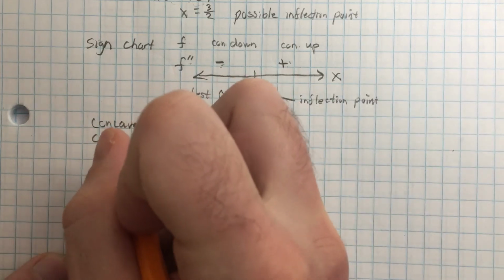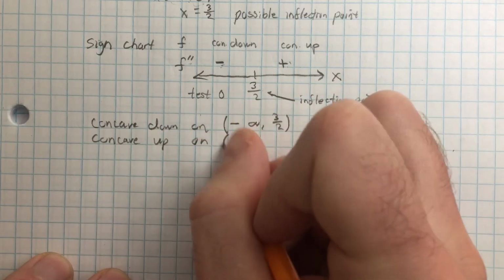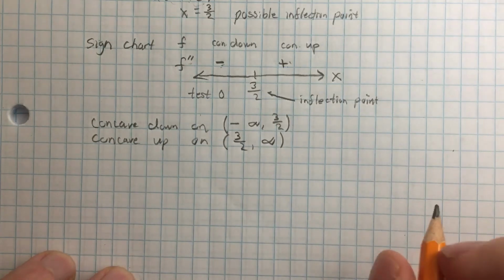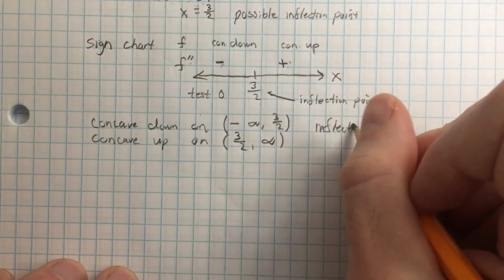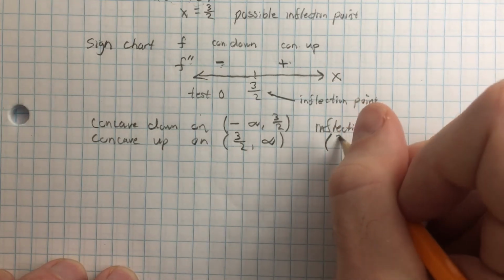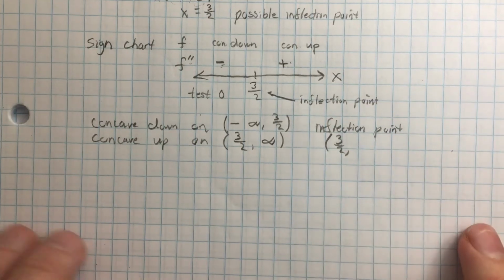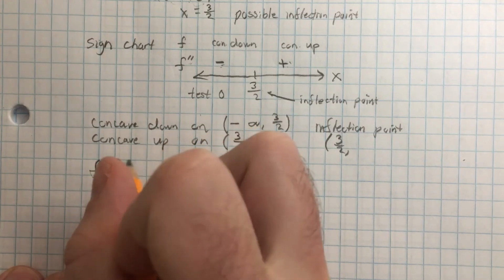It's concave up on the rest of its domain, barring the 3/2 value itself. 3/2 to infinity. And we have an inflection point at 3/2, comma I don't know yet. We have to plug it back in and find out. Okay, so we need to find f of 3/2.